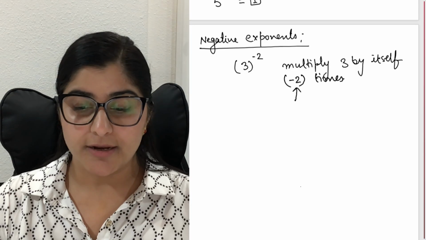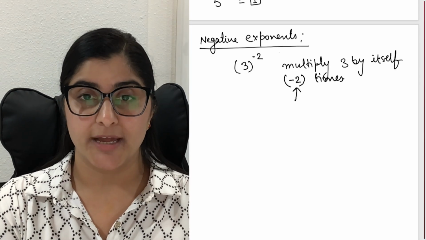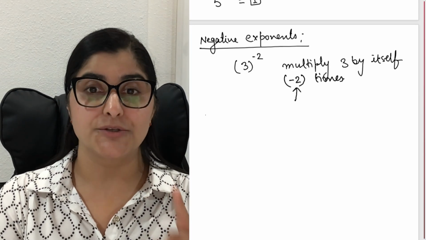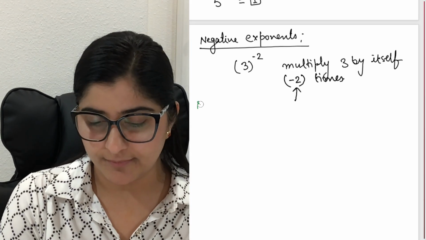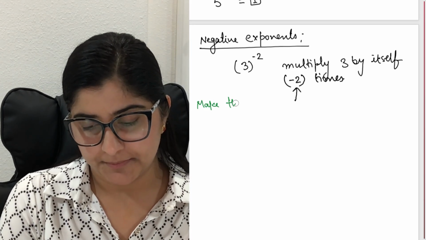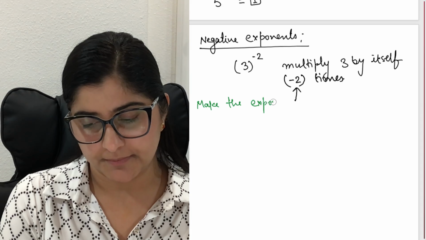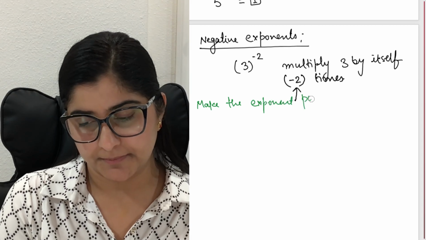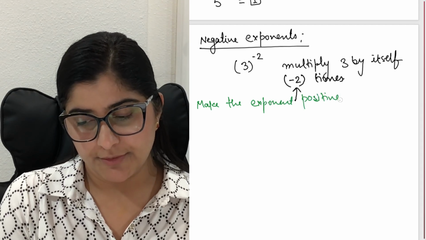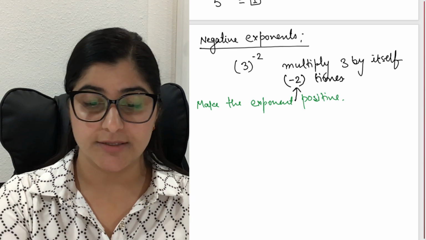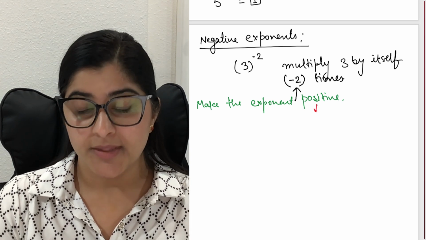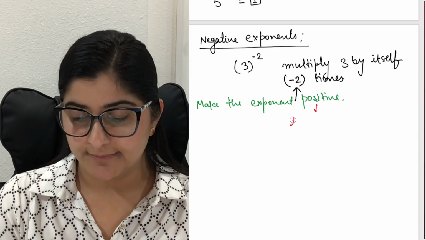It has to be a positive number of times. So whenever you encounter a negative exponent, make sure your first duty is to make the exponent positive. Whenever you see negative exponents anywhere, try to make them positive. And what is the rule to make it positive?